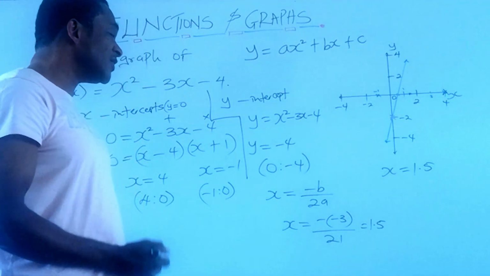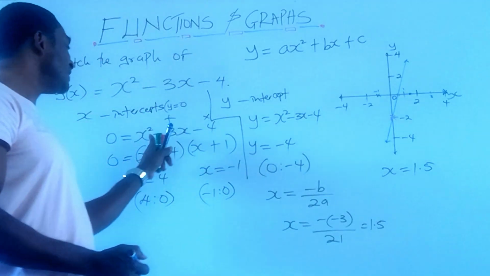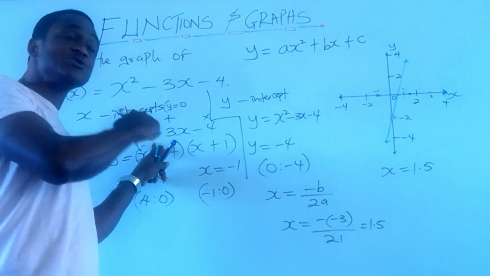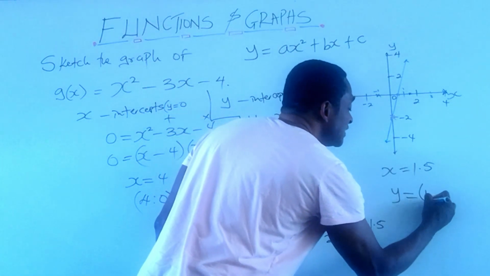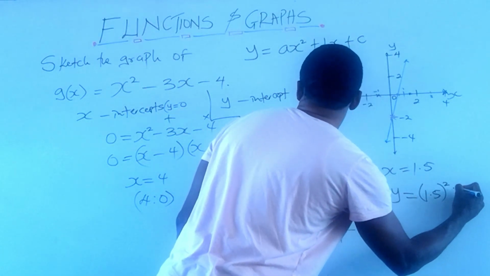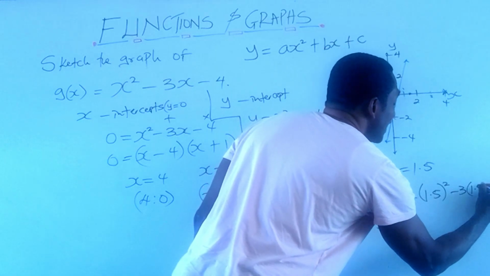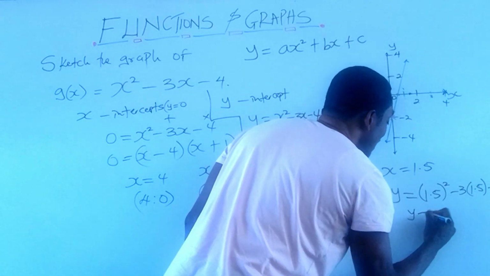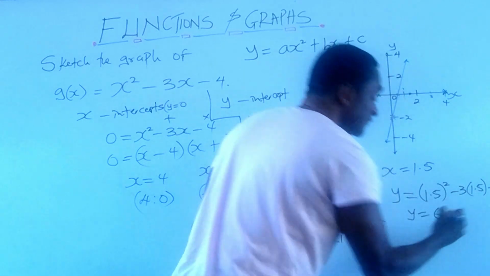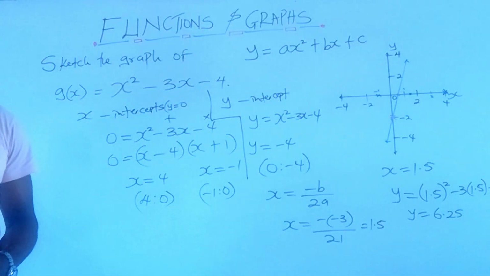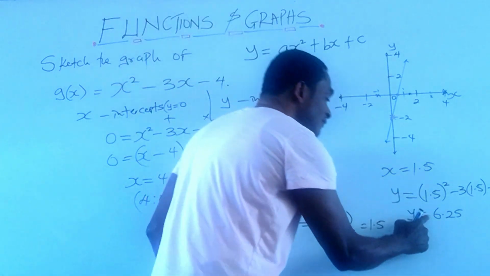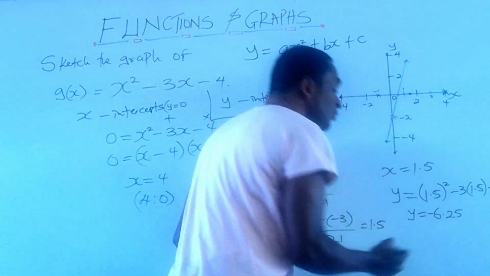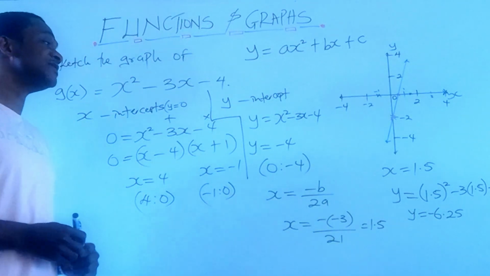To get the y value of the turning point, substitute the x value into the original equation. Anywhere we see x, we replace it with 1.5. And then we get the value by calculation to be negative 6.25. So punch your calculator, you get negative 6.25.